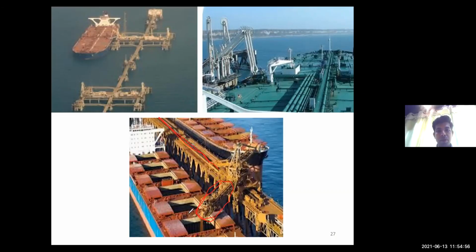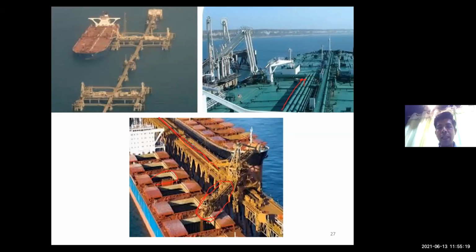Now see over here, above there is a tanker vessel. You can see tanker, very easy to identify. It has got pipelines on deck. There is no hatch cover opening on the tanker. It is fully covered. What you can see is only and only pipelines.